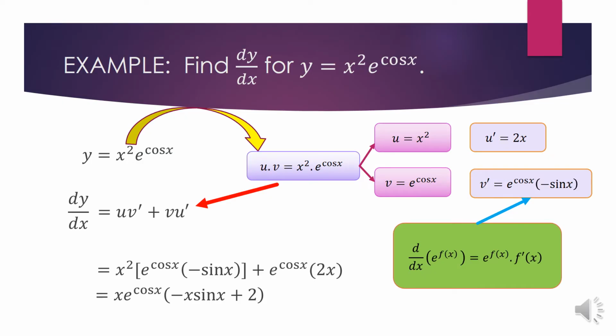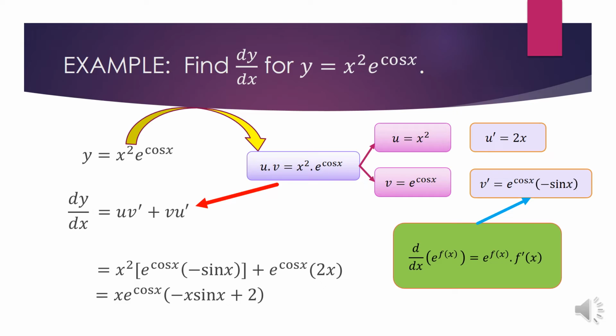In this example, we want to find the dy/dx for y is equal to x squared times e powers of cos x. y is actually a product of x squared and e to the power of cos x. In general, y is a product between u and v, where u is equal to x squared and v is equal to e to the power of cos x.